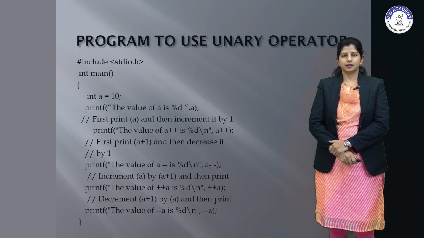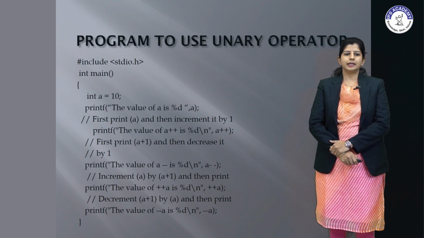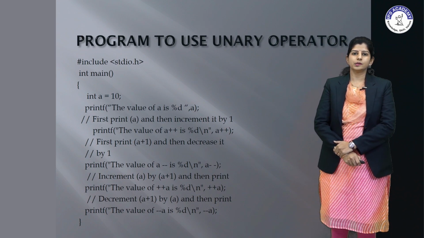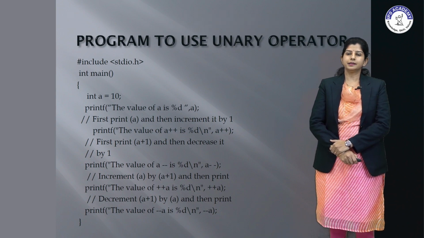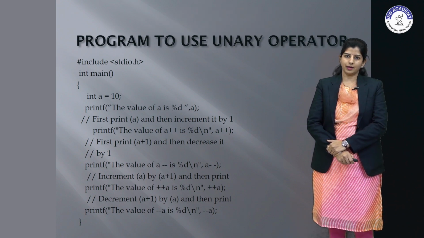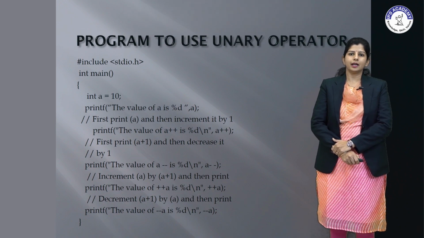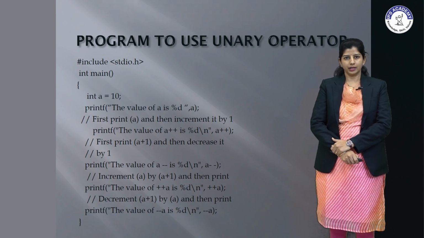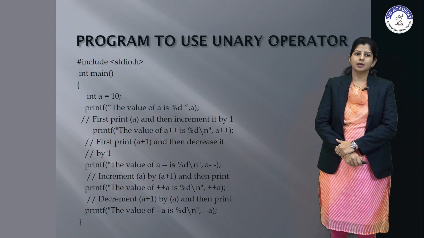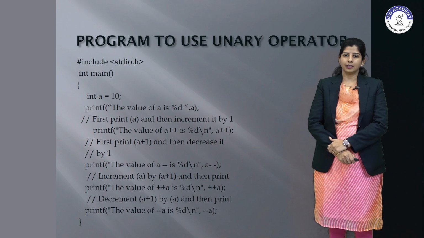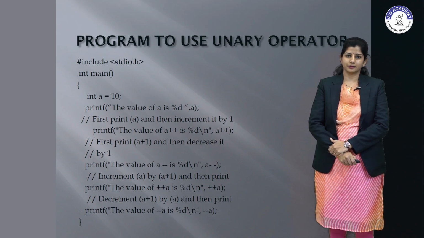Int main is a function, and in this function we use a variable named A. A is a variable whose data type is int. Int A equals 10 means assigning the value 10 to it. It is an assignment operator, so we are assigning 10 to our variable A.